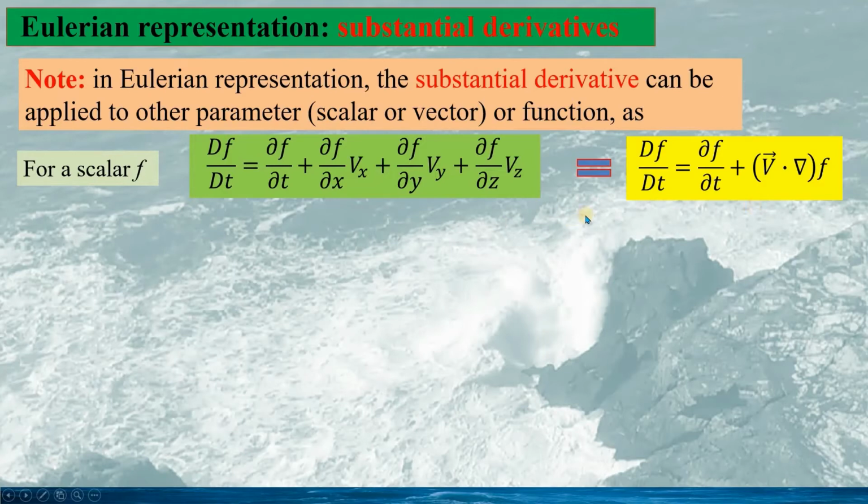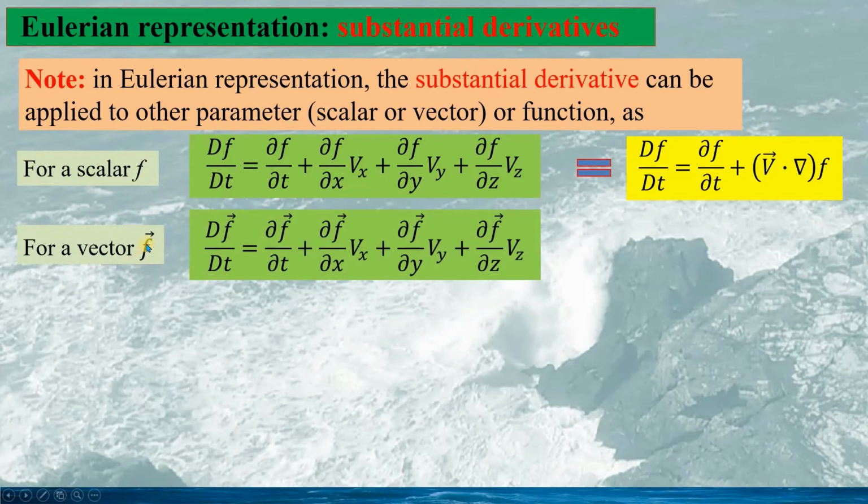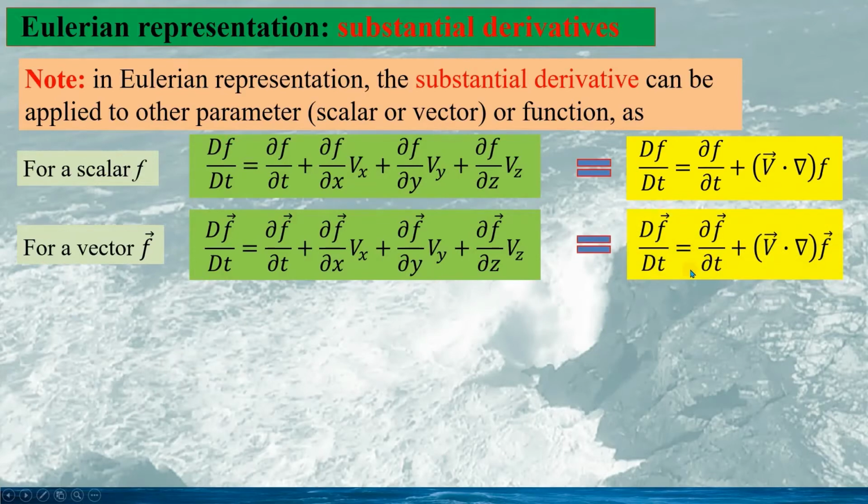So in my talk, I will not use this compact form. I would like to use this clear form for better understanding. For a vector f, we have the expression as this, and the equivalent compact form would be given as this.